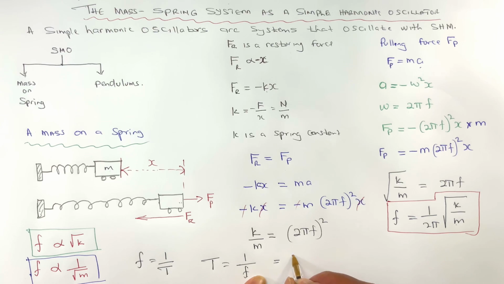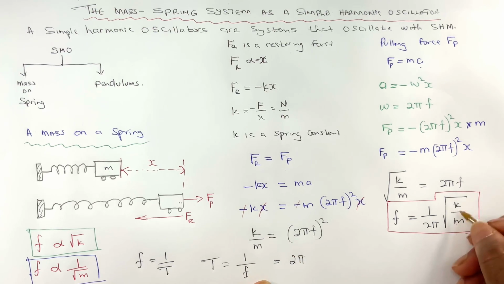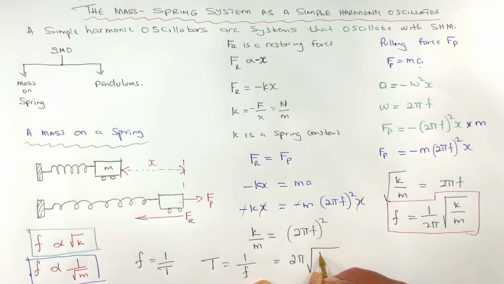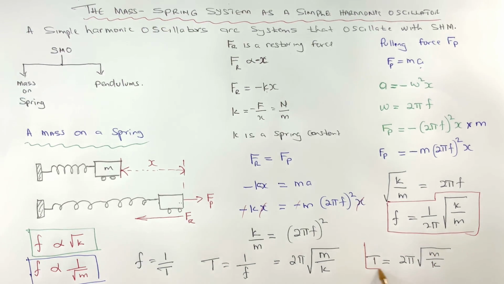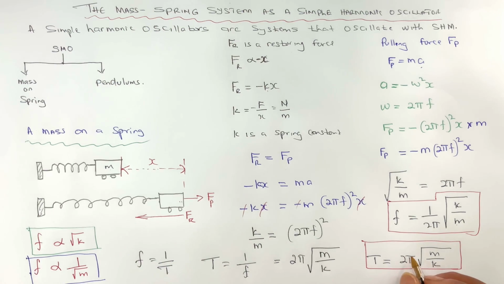So it's going to be 2 pi, and I have to invert this one as well, root of m over k. So that's what the period would be. So T equals 2 pi root m over k. That is the period of oscillation. Period is measured in seconds, so T is the period in seconds.